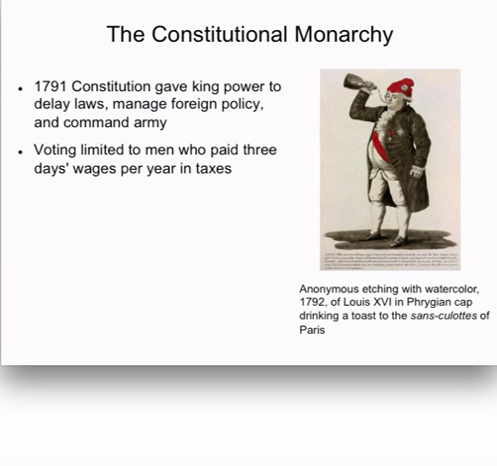Not every adult male was allowed to vote under this constitution. The only men who could vote were men who paid at least 3 days' wages every year in tax money to the government, and obviously women were not allowed to vote at all, so the political franchise was somewhat limited.